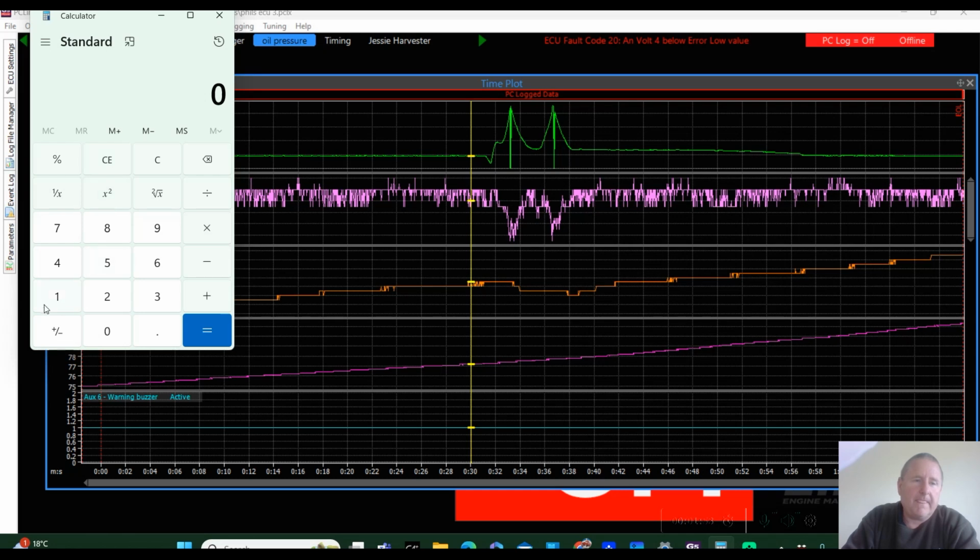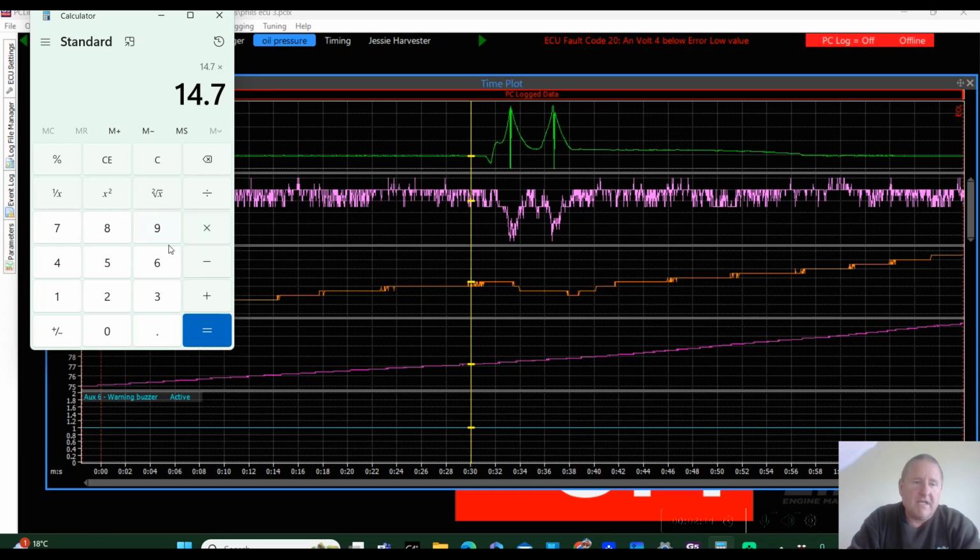If you want to do it exact, let's go 14.7, and then we're going to times it by, and kPa 100, let's make that 100%. So 5 kPa, or 5.4, is 5.4% of that.